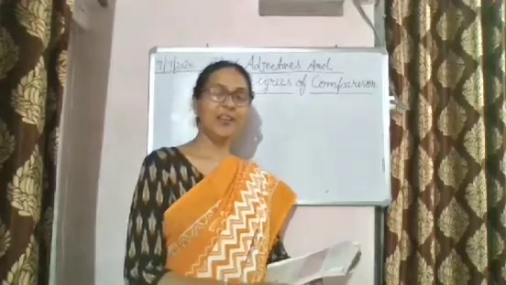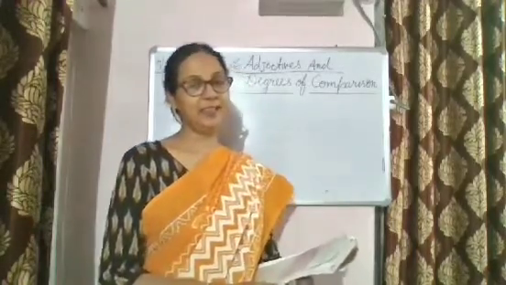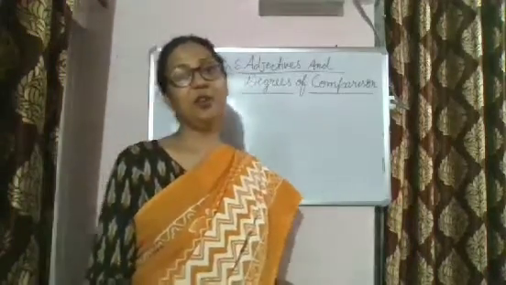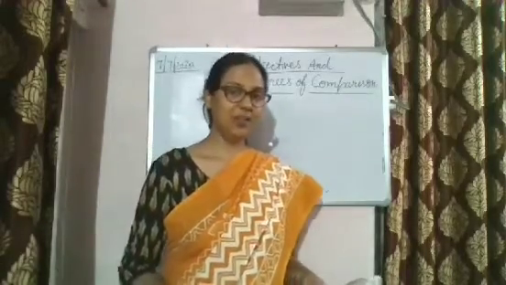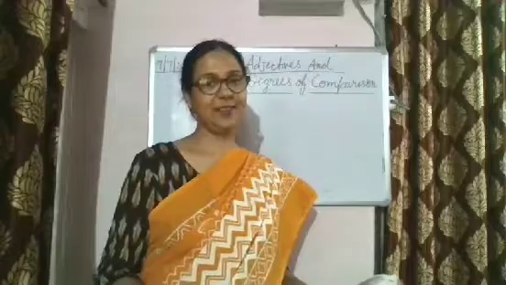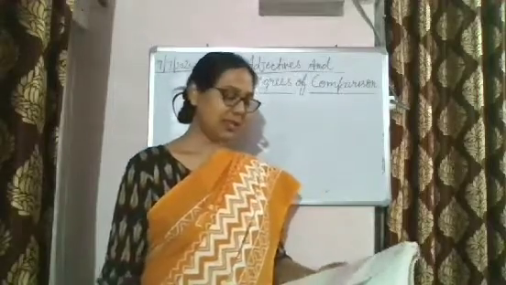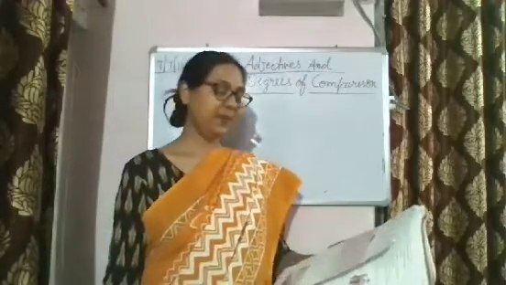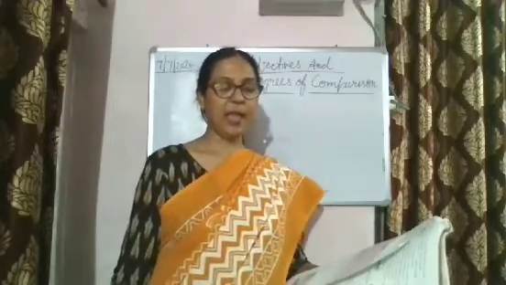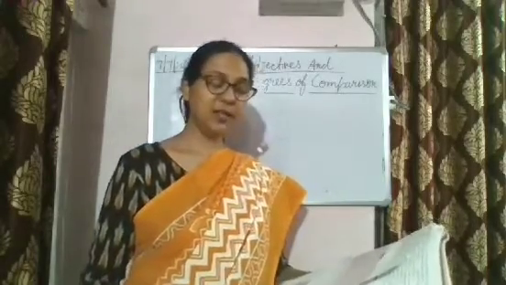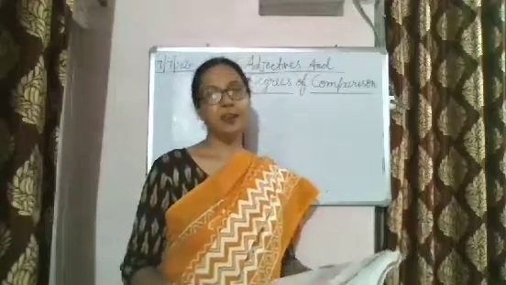So children, let's start completing the exercise which you can find on page number 29, Mastering Grammar book, Cordova publication, chapter number 6. This is exercise number B. Identify the adjectives and classify them as adjectives of quality, quantity and number.